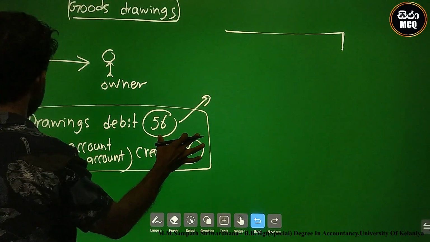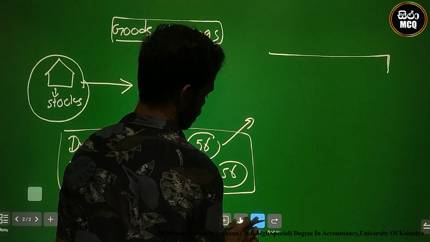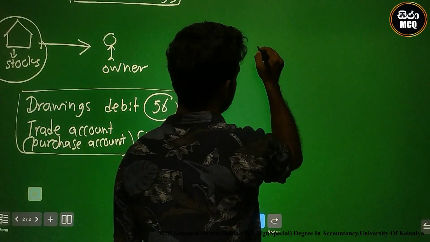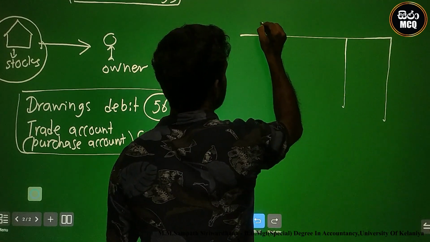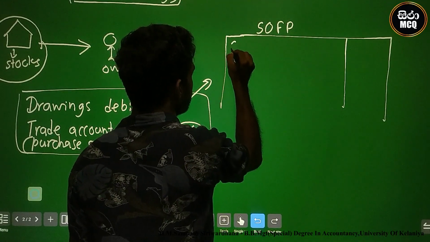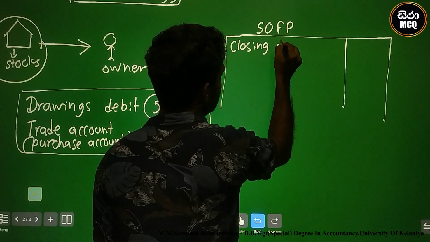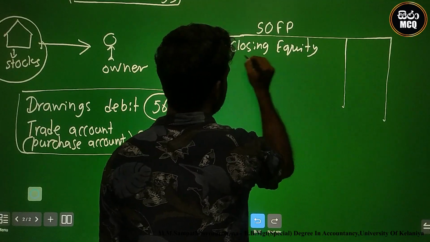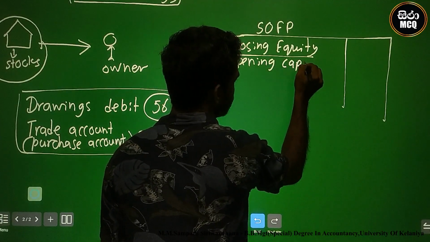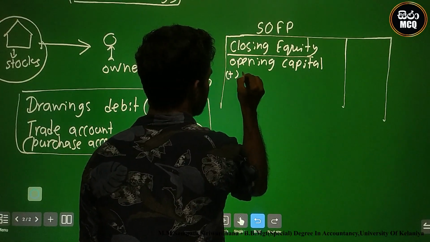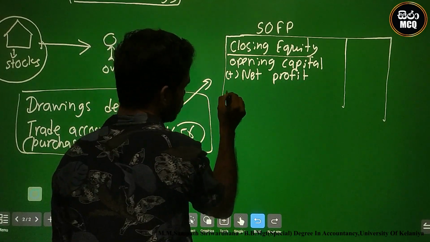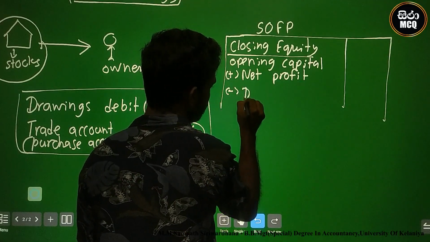Look here, the statement of financial position, the SOFP. At this time, this is the closing equity. This is the topic, closing equity: opening equity, opening capital, plus net profit, and after that a deduction of drawings.